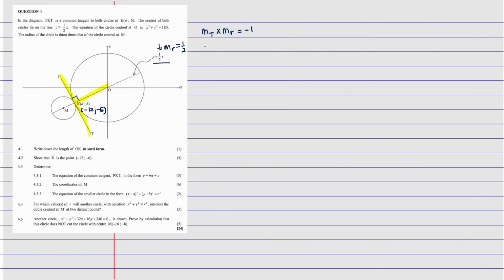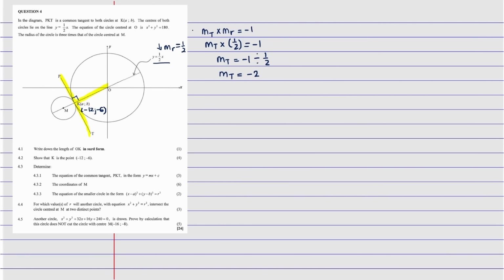It's going to be mt multiplied by a half is equal to negative 1. Take the half to the other side, so mt is equal to negative 1 divided by a half. Therefore, mt is equal to negative 2.